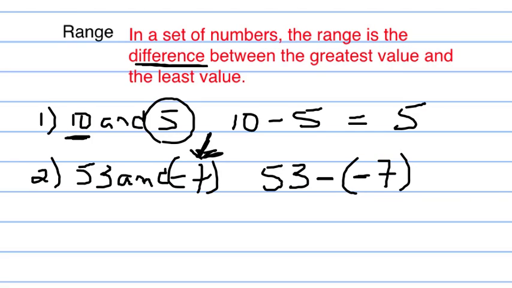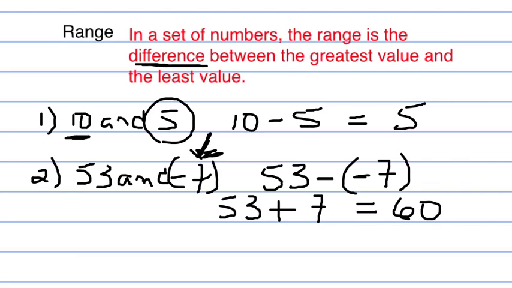Now I have to add the opposite, okay? So I'm going to change it to an addition problem, so it's going to be 53 plus, and what's the opposite of negative 7? 7. So the range between these two numbers, and if I counted this on a number line, I could prove it to you. The range between these two numbers is actually 60 spaces.